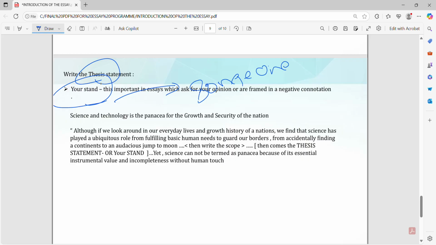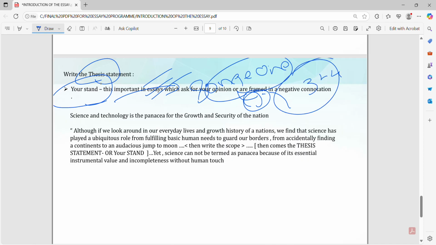Someone says yes, there are ways we can put both dimensions, but we have to write it. It is a must. It has to be written in 3 to 4 lines. After the anecdotes or any quote, after context we write the scope, then we write the thesis.